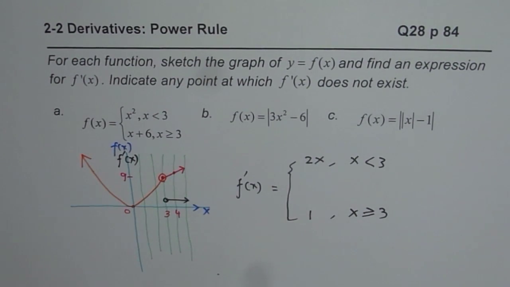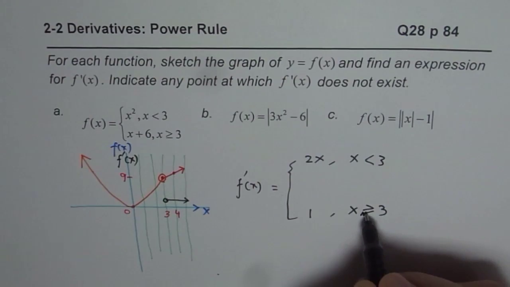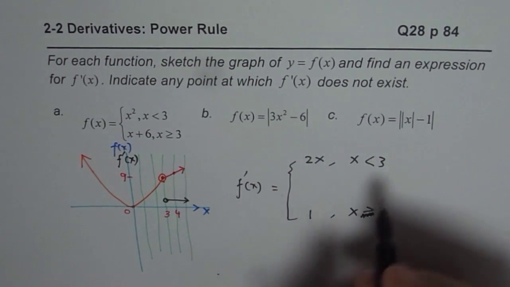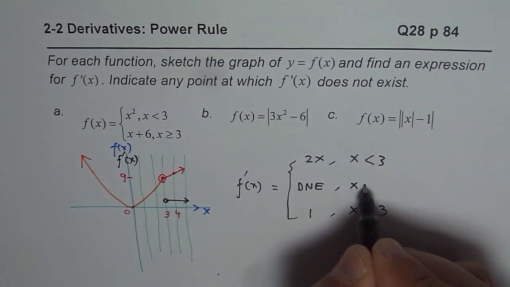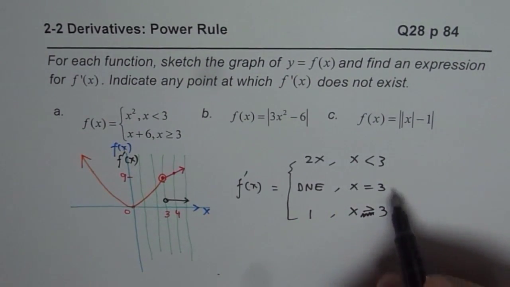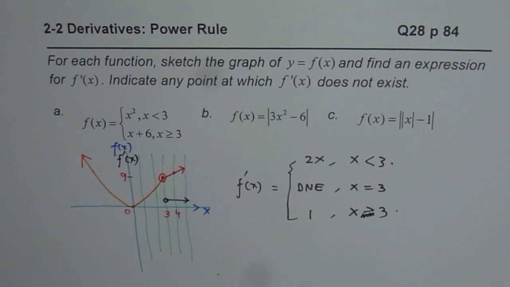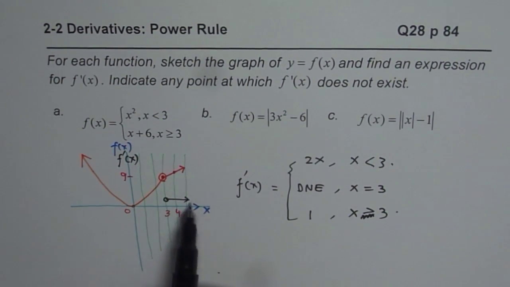So f dash x for x greater than 3 is 1. And we also find that it does not exist at x equals 3, since these two values are different. So here we have put a hole, since f dash x does not exist at 3. On the values greater than 3, it's a straight horizontal line.